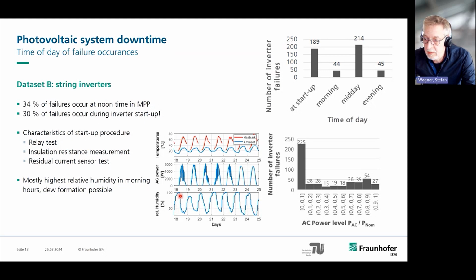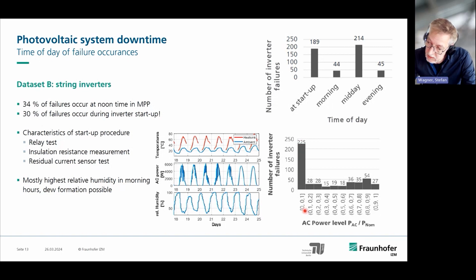days, the highest relative humidity, which comes from the dew formation from the night, from the humidity, and a lot of failures point out within a low power peak.